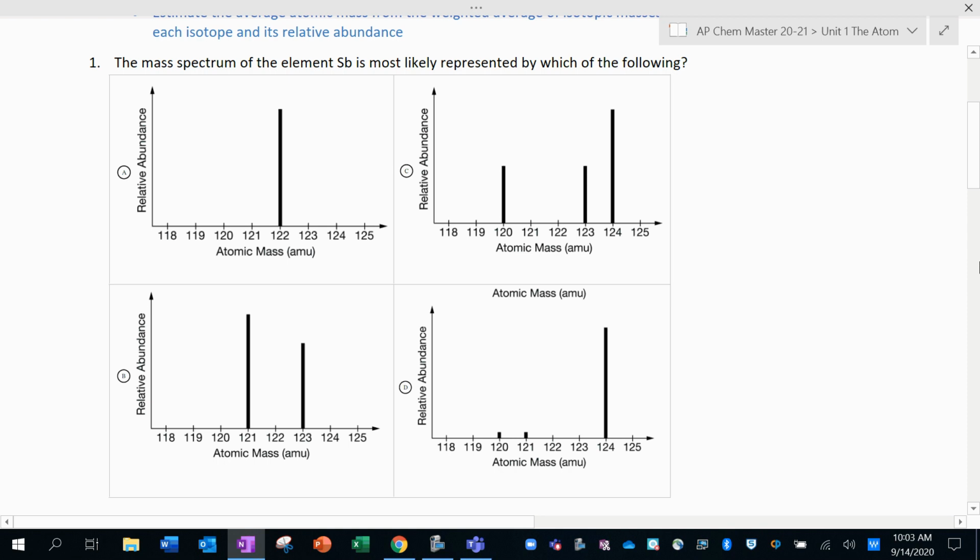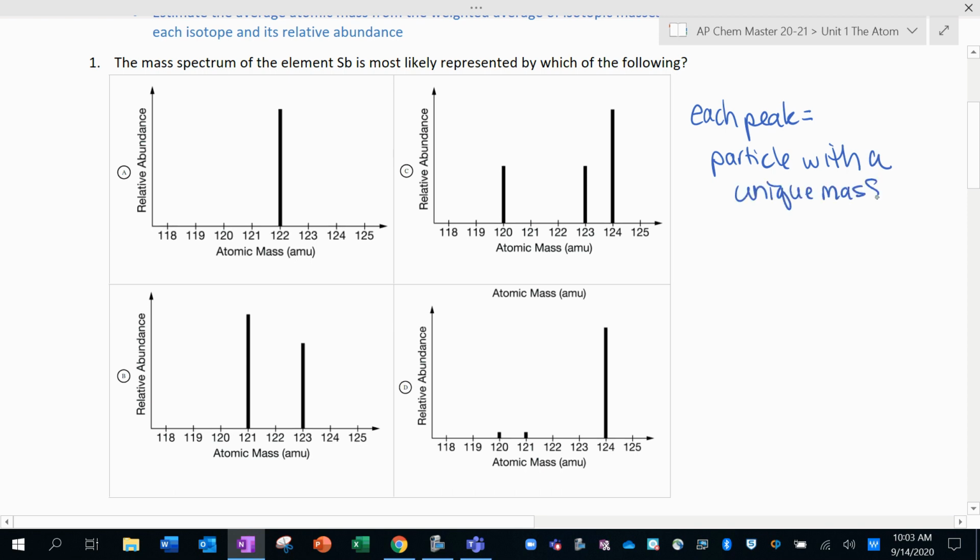So what we have here is some mass spectra. And remember, what the mass spec does is it separates out various particles by mass. So we say each peak will correspond to a particle with a unique mass.